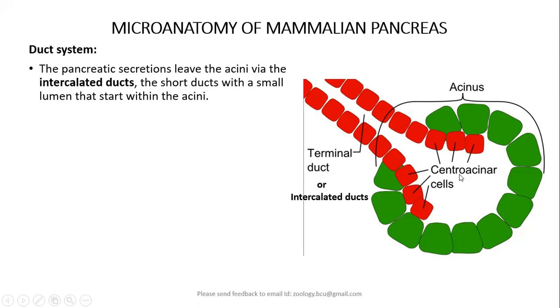intercalated duct. Thereby the pancreatic secretions leave the acini via the intercalated duct. The intercalated duct is a short duct with a small lumen, as you see here, which starts within each and every acinus.